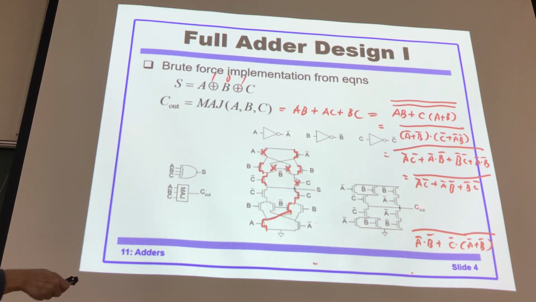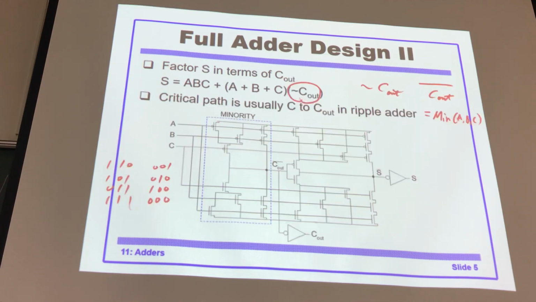So that's why this could be equal to this one, and then eventually it will be equal to this one. So right, let's get back to the first adder.